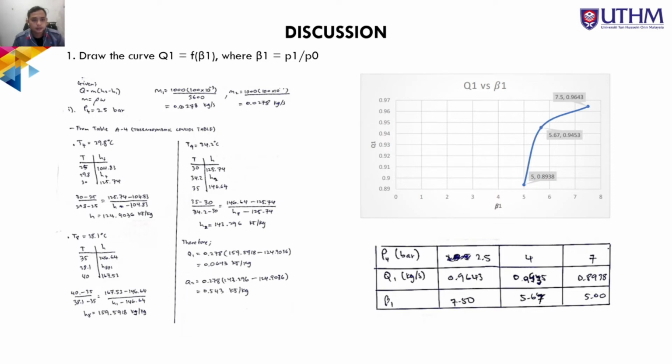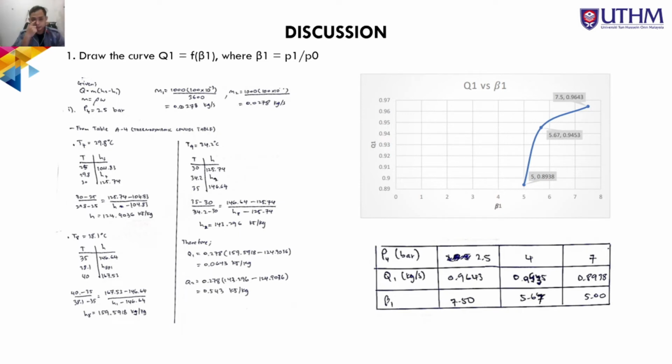So here, there's a formula we use to calculate in order to find the Q1, which is Q equals M times H2 minus H1, and then we calculate the M1, where the formula is the density times W, and we get the M1 is 0.0278 for both M1 and M2.